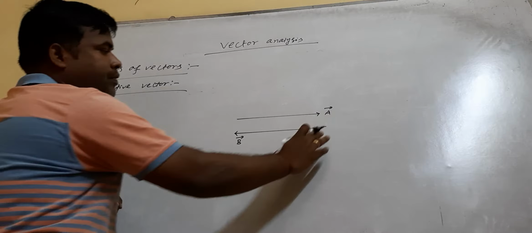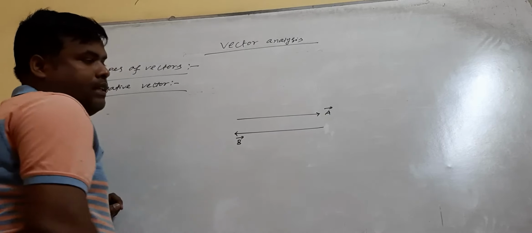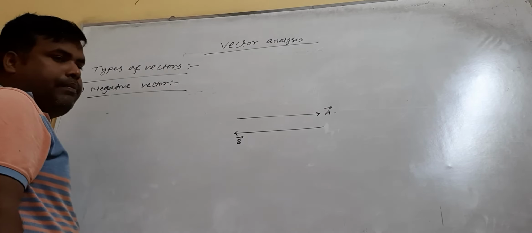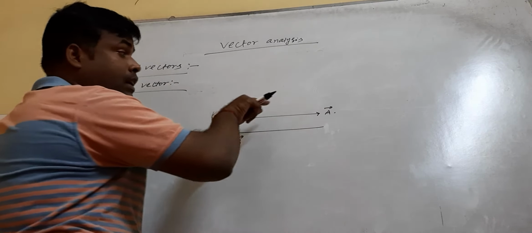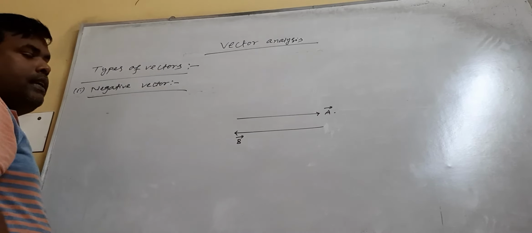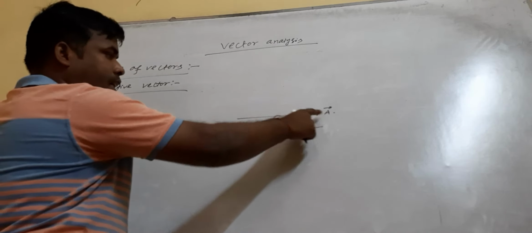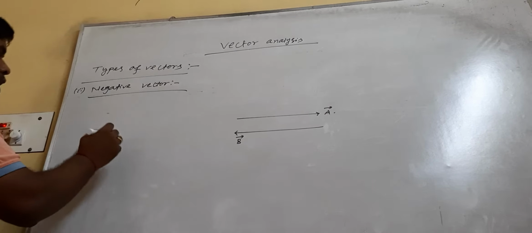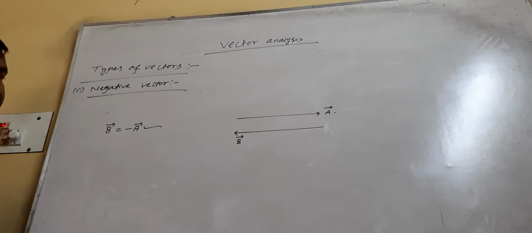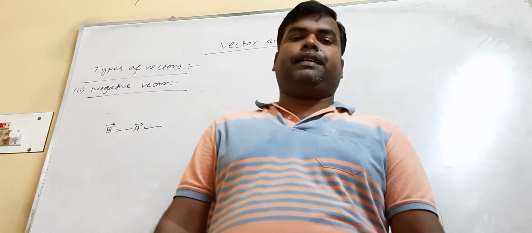The length of this line is same as the length of this line, so the magnitudes of A vector and B vector are same. And what about direction? A vector is directed towards right and B vector is directed towards left. That means the angle between A vector and B vector is 180 degree, or directions are opposite. So here we can write B vector is equal to minus A vector, or A vector is equal to minus B vector.